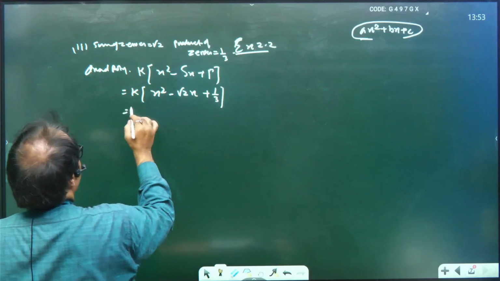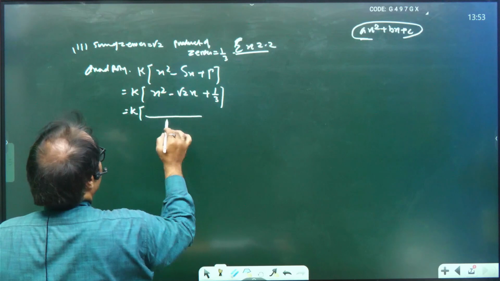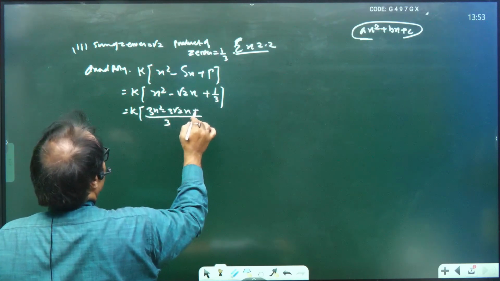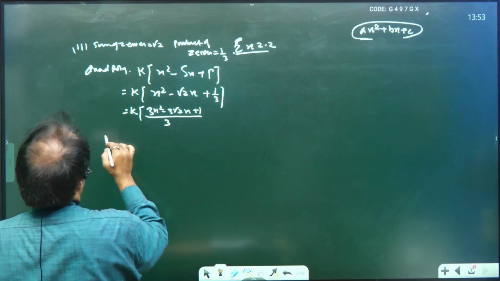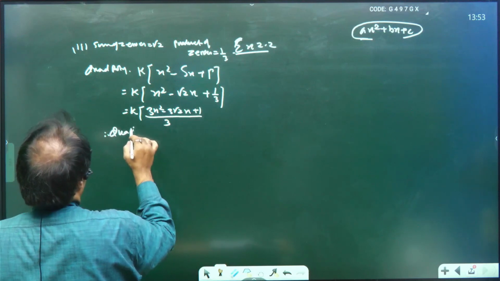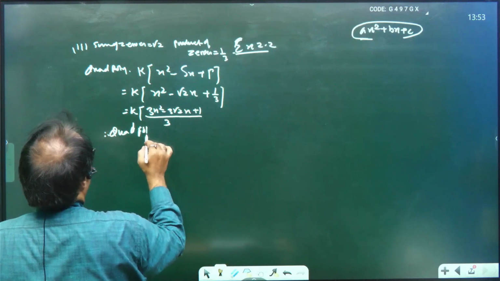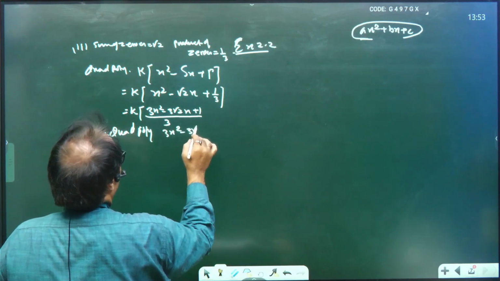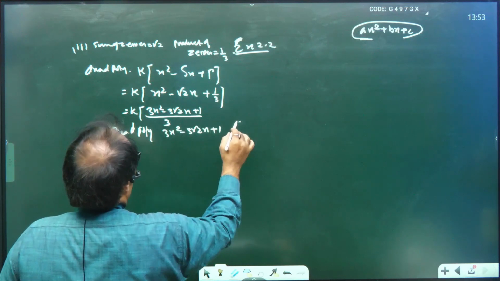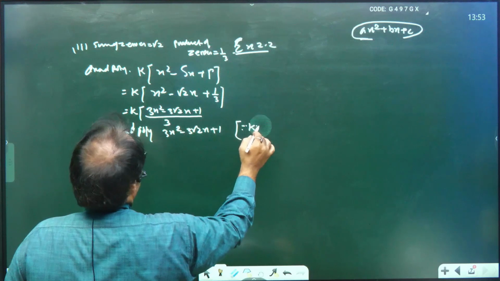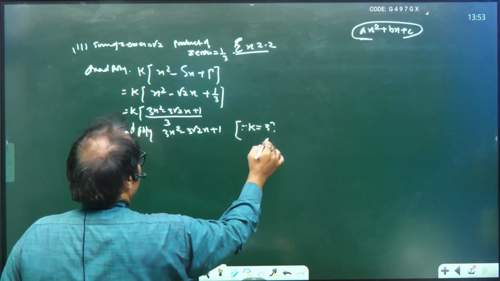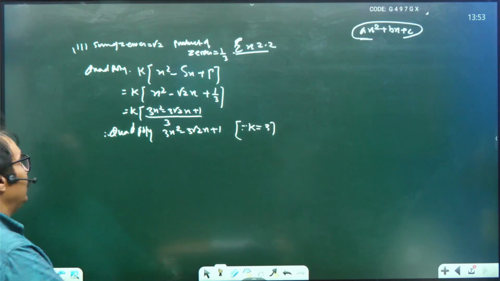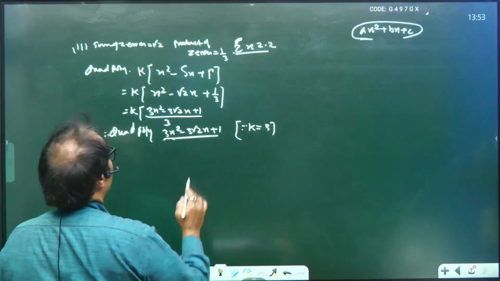Now take the LCM, so 3 is the LCM. So this is 3x square minus 3 root 2 x plus 1. So the required quadratic polynomial is 3x square minus 3 root 2 x plus 1, where k is equal to 3. So this 3 and 3 will cancel out, right? So this is the required quadratic polynomial.